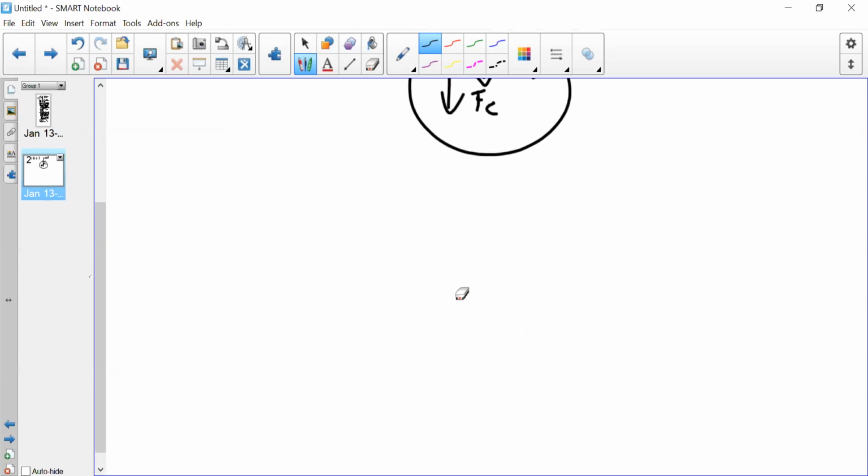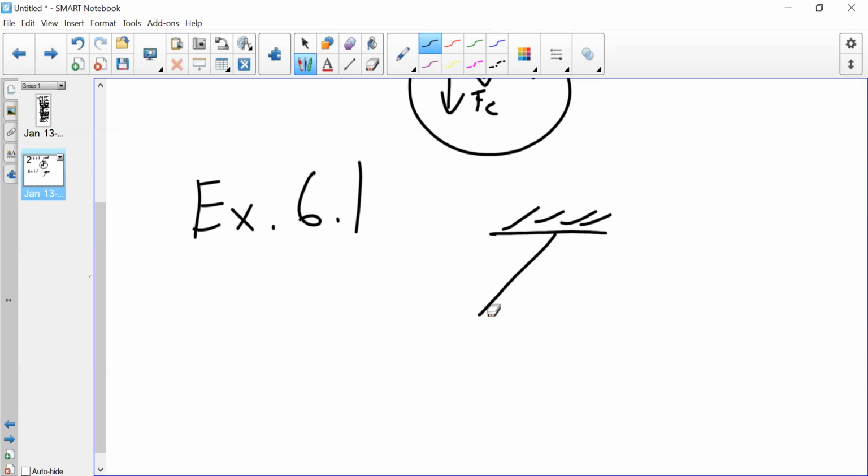Okay, let's go through some examples here. So example 6.1, we have the conical pendulum. So with this pendulum that rotates in a circle, we have the string here comes out like that.